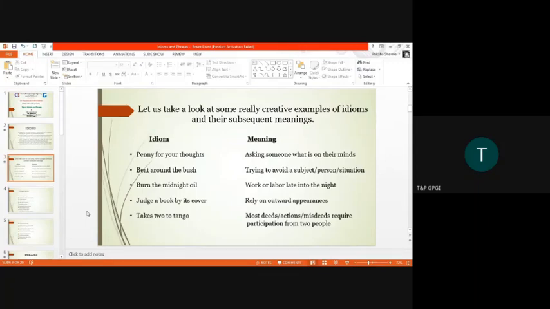Most deeds, actions, misdeeds require participation from at least two people, right? So it's like that. This could not have been done by one alone, two people did this work. It goes like that. It can be positive, it can be negative, it depends on the situation you are using it in. It takes two to tango. Fun to say. You can repeat it after me.